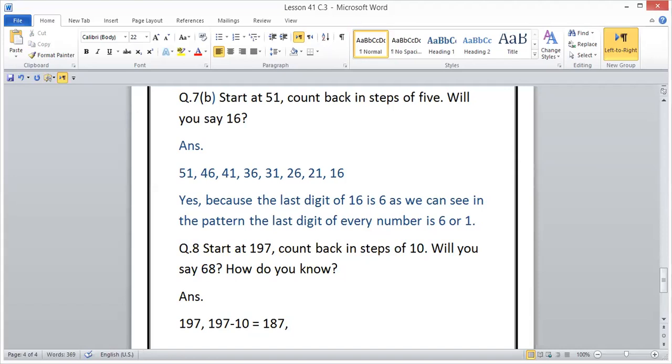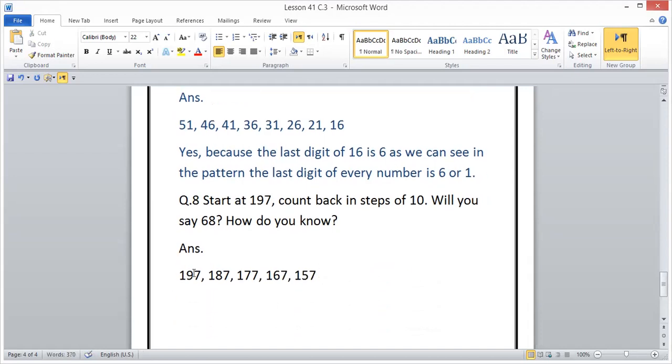So 197 minus 10 is equal to 187. That means after 197, it will be 187. After 187, again we will subtract 10. So 187 minus 10 is equal to 177. Then again we subtract 10 and that will be 167. So the pattern is very simple. When you count back in steps of 10: 197, 187, 177, 167, 157, 147.